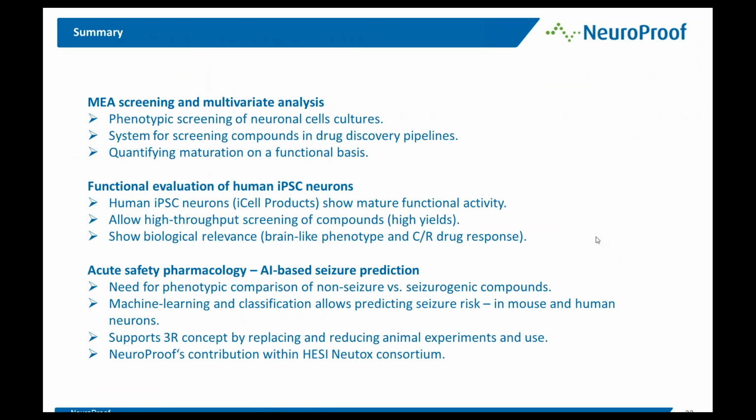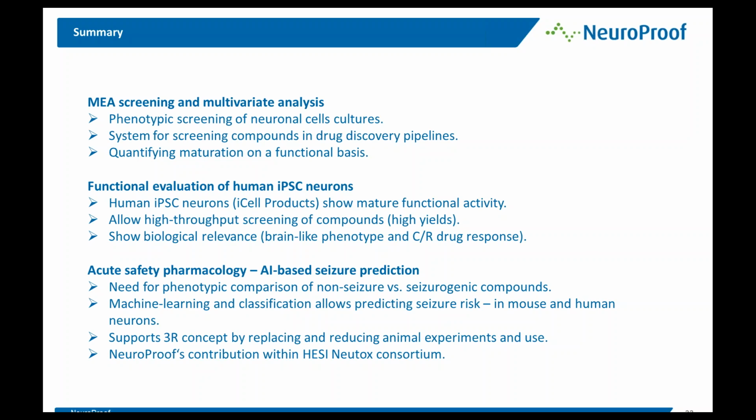Now, what I've shown you today is that the MEA screening combined with multivariate analysis allows the phenotypic screening of different neuronal cultures. It's a system for screening compounds in drug discovery pipelines, and it allows the quantifying of maturity on a functional basis.